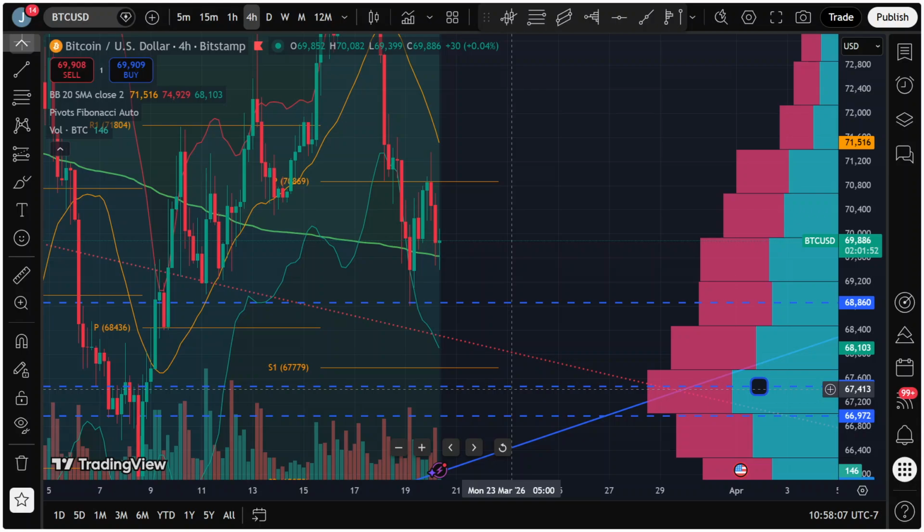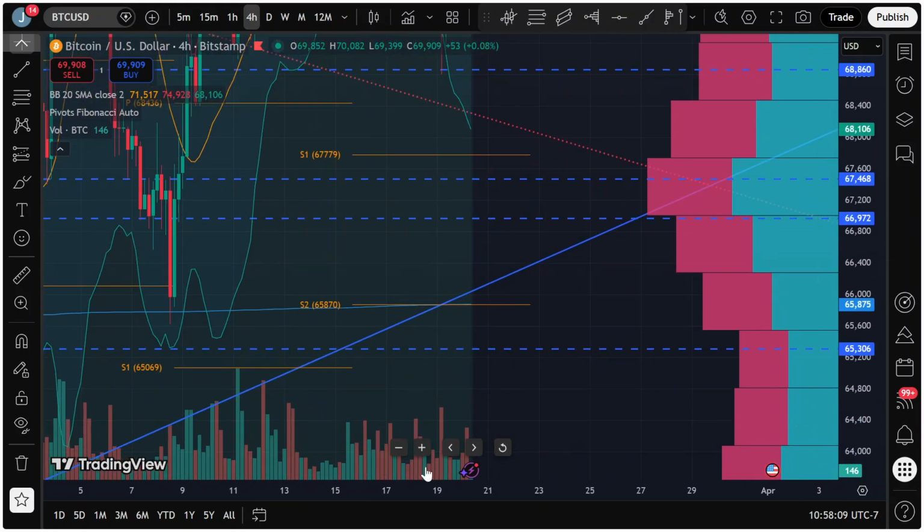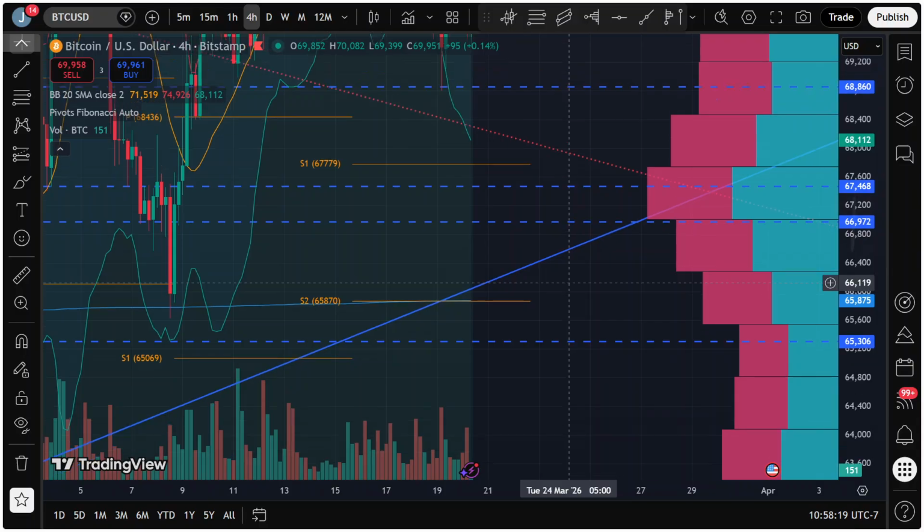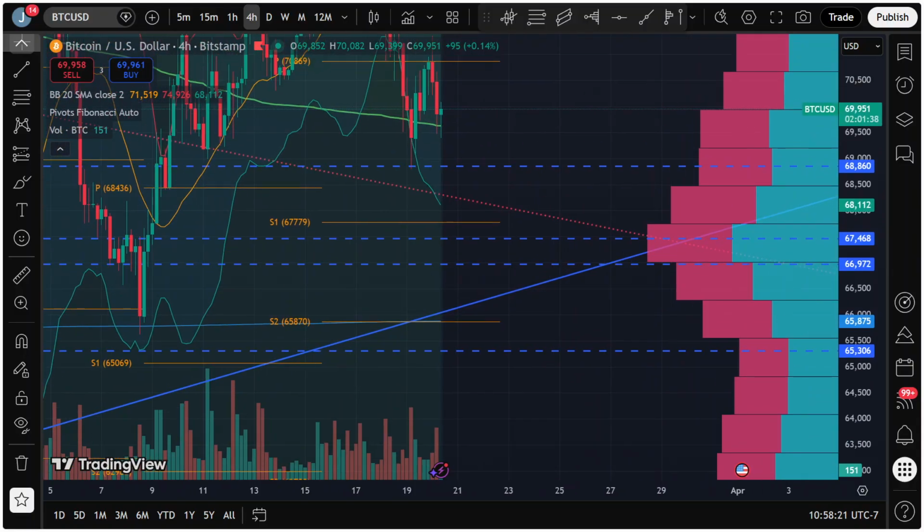I guess the only other benefit of a retest of this trend line is that by the time we interact with it, it's going to be over here at 66.4 or something like that, at least in the 4-hour time frame, maybe even higher, to be honest, depending on how quickly it breaks down there.